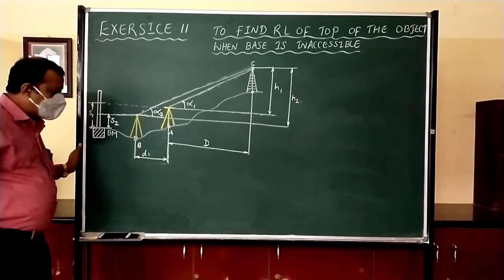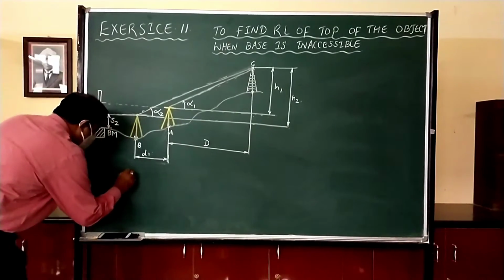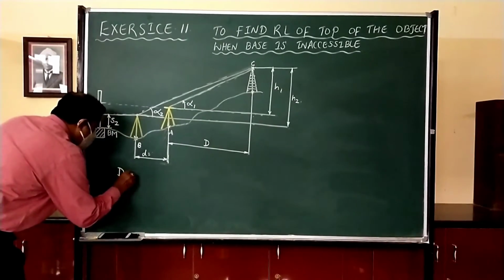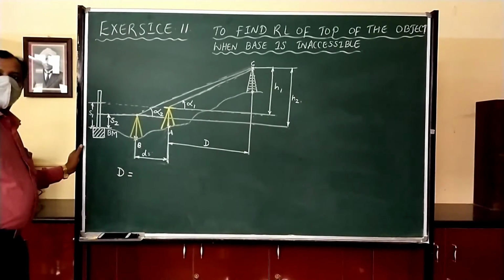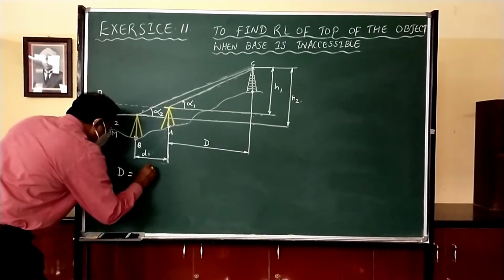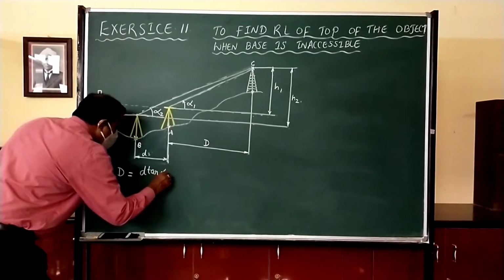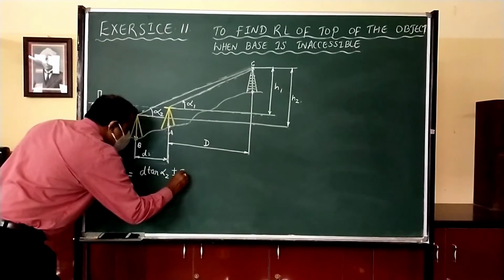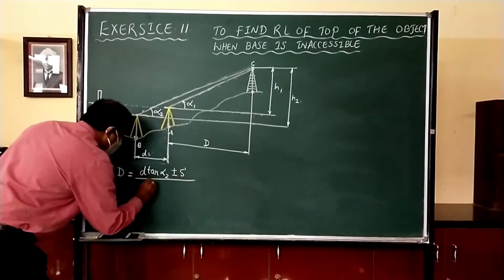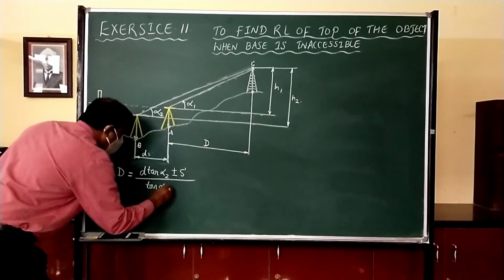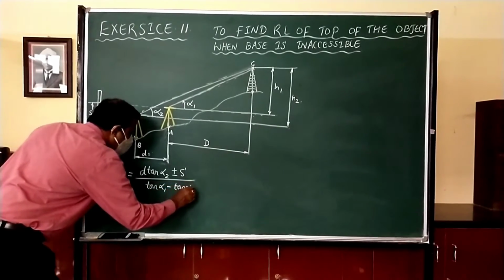This horizontal distance D between the object and station A, we can find using the formula: D is equal to small d tan alpha 2 plus or minus S, divided by tan alpha 1 minus tan alpha 2.